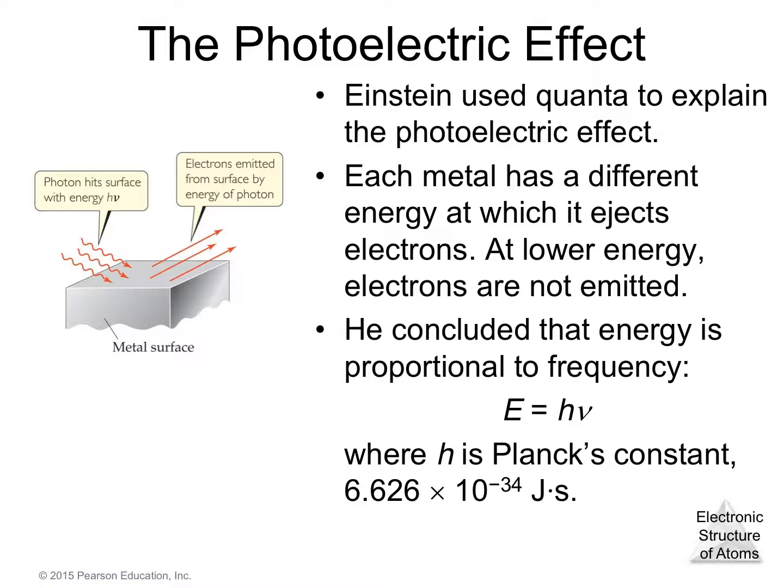They're getting pushed off the surface. For different metals, that requires a different amount of energy. And so for different metals, they were finding that a different frequency of light was required to make this happen. Einstein recognized that that had to do with the quantum nature of light.